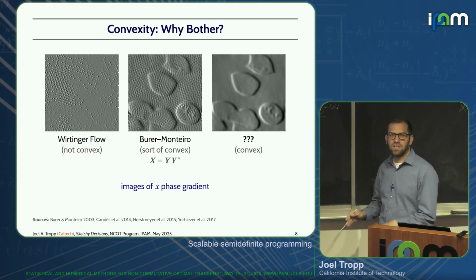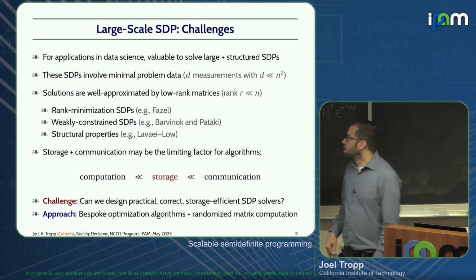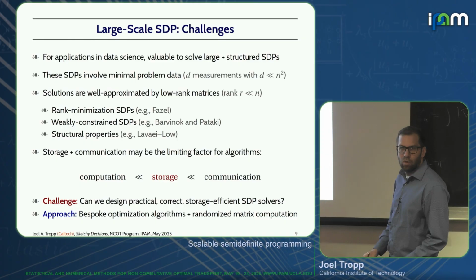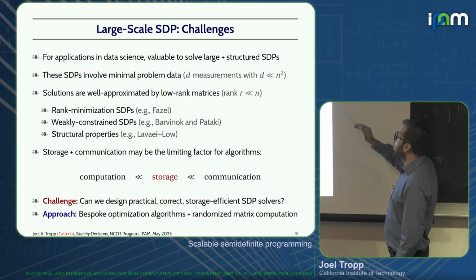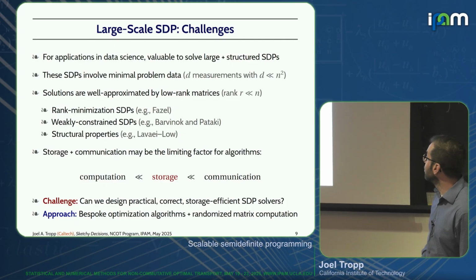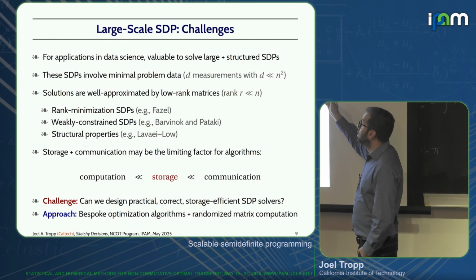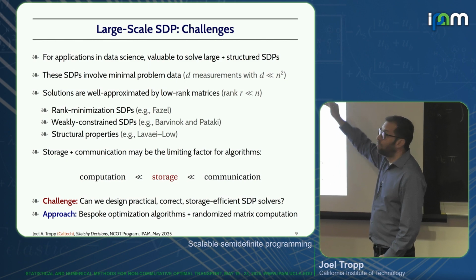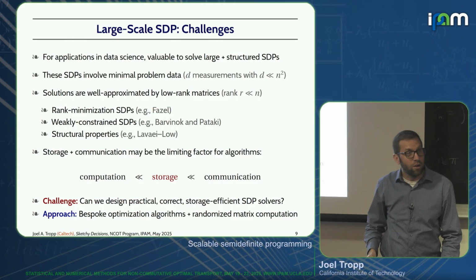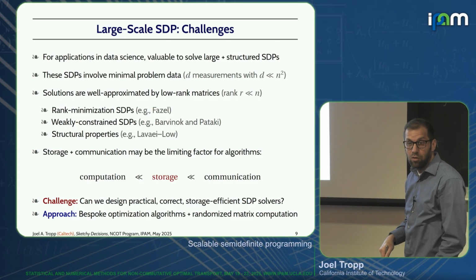So I'm rushing a little because this is more motivation than really the content of the talk. So let me summarize what I take away from this again. For applications in data science, we often encounter large structured SDPs. The SDPs don't involve a lot of problem data because they often involve some relatively small number of measurements, and the reason you're solving this challenging optimization problem is to make the most of the measurements you have.